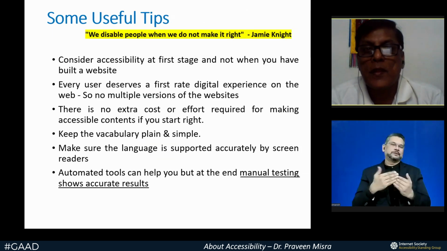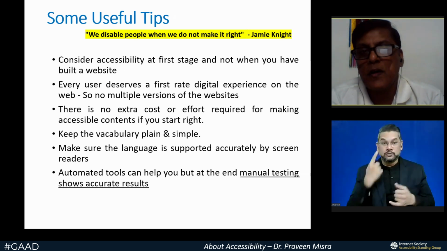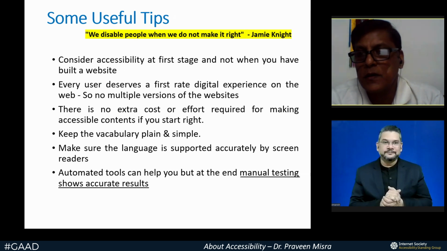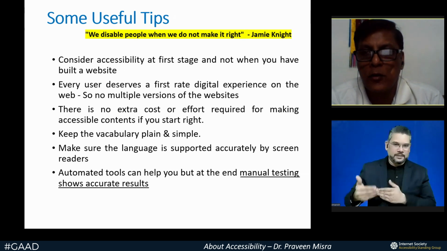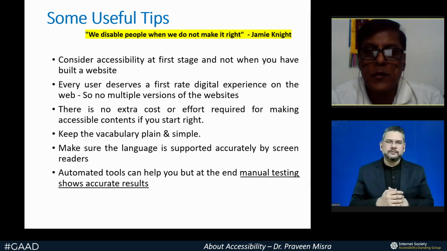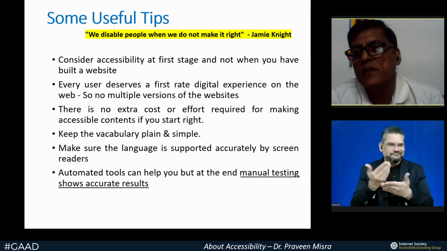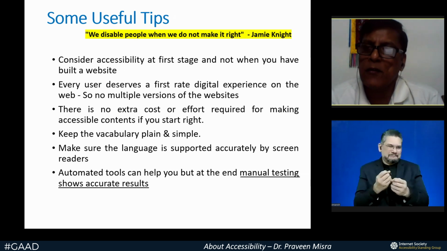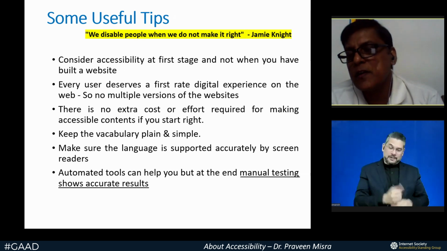Now, some tips. Although my colleagues will go more in depth on this topic, just to give you some insight, it's an experience I had, and I think many of you may have had it too: people get their contents developed first, and then they give it to a tester or a testing agency to test it.